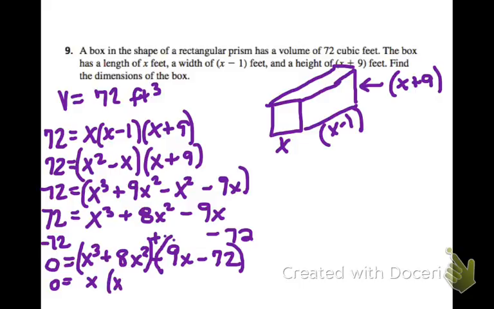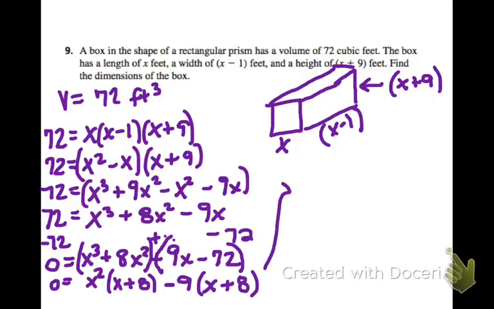We will be left with x squared, x plus 8. Okay? Now we have a negative 9x in the parentheses minus 72. So negative 9x and negative 72 both have a factor of negative 9. So I'm going to factor out the negative 9. I'll be left with x, and then when you take a negative 72 divided by a negative 9, plus 8. This is working out really well so that I have a common binomial factor of x plus 8.